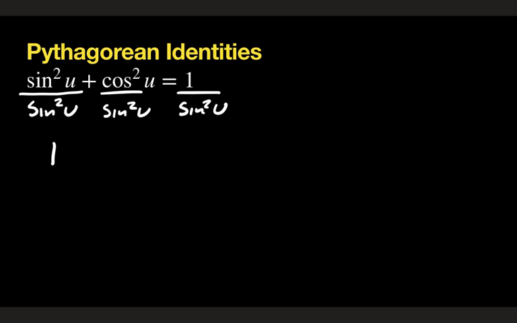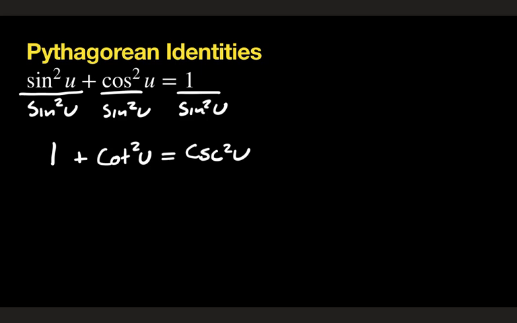Cosine square u divided by sine square u is going to give you cotangent square u, equal to cosecant square u.